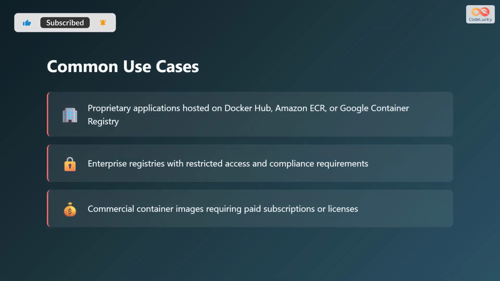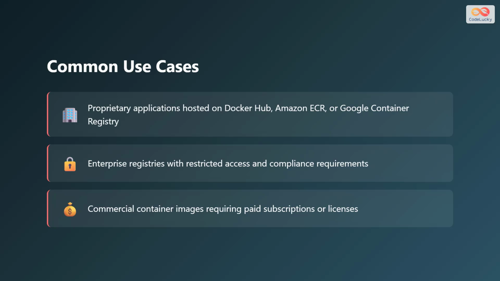ImagePullSecrets are essential in several scenarios. First, they're used for proprietary applications hosted on private registries like Docker Hub Private Repositories, Amazon Elastic Container Registry, or Google Container Registry, where your organization stores custom-built container images.